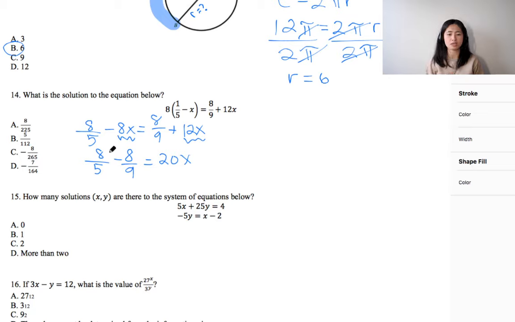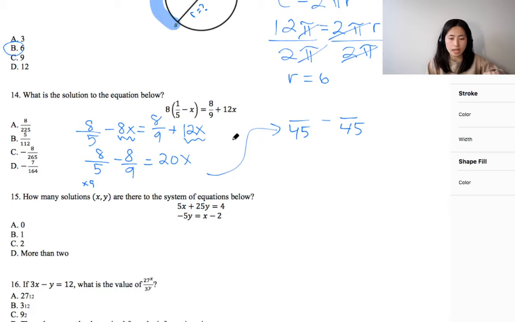Maybe 45. 45 is a multiple of both 5 and 9. So the common denominator between 5 and 9 would be 45. Remember how this times a number would give us 45? This is 5 times 9 essentially to give us 45.